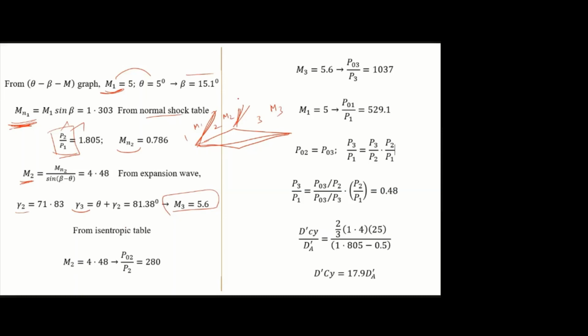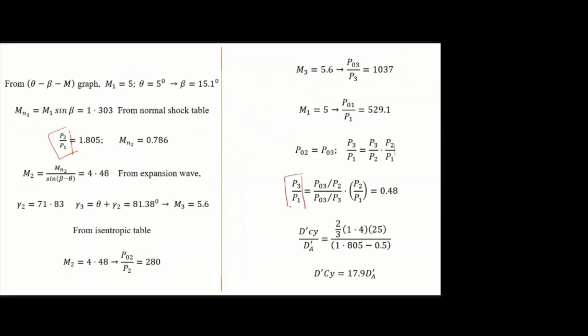Then this is an expansion, so P0 is constant. From M2 I can find the pressure ratio, and from M3 I can find the pressure ratio. Then I have to find P3 by P1, but I cannot relate P3 by P1 directly, so I am taking these two ratios. This we already found here, and for this one, using the isentropic table, I am finding P02 by P2 and P03 by P3. From this ratio I can find this.